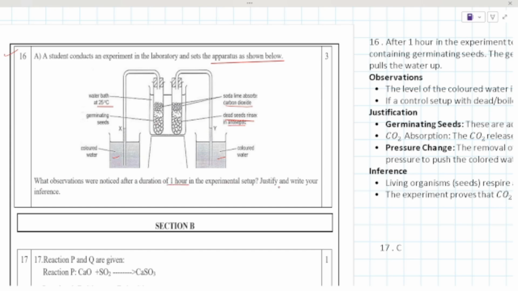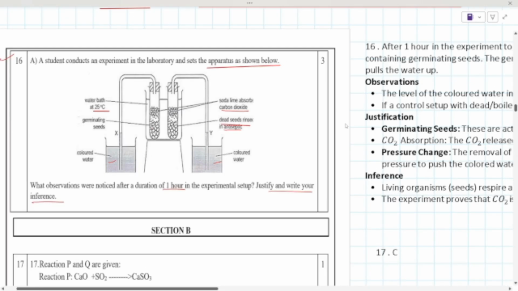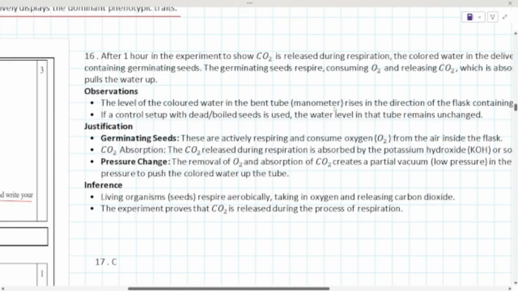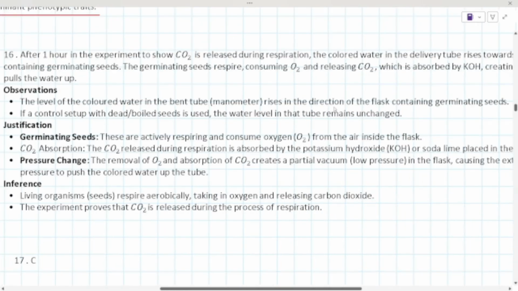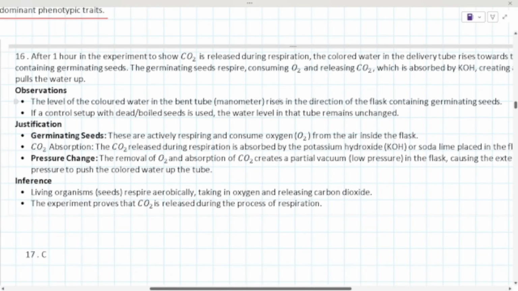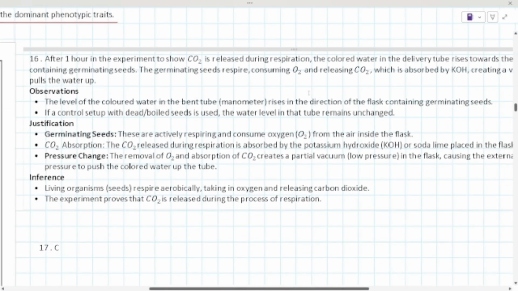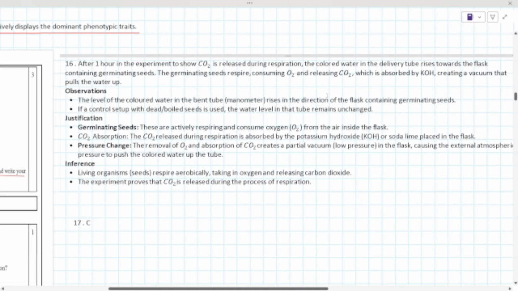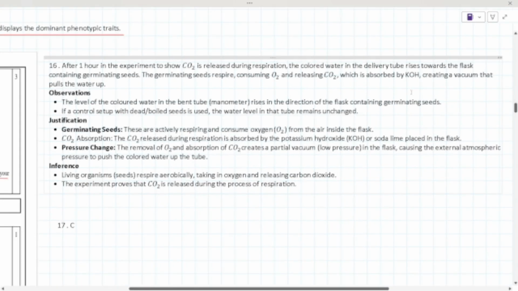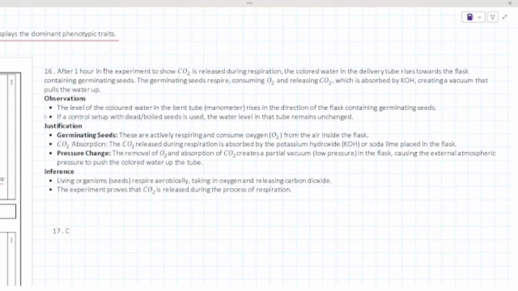Write the experimental steps and your answers. Okay. So let's see the explanation here. After 1 hour in the experiment, CO2 is released during respiration. The colored water in the bent tubes rises toward the flask containing germinating seeds.